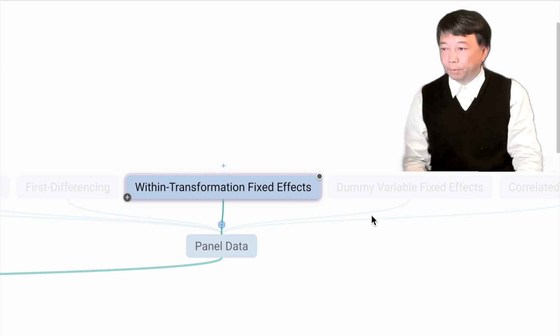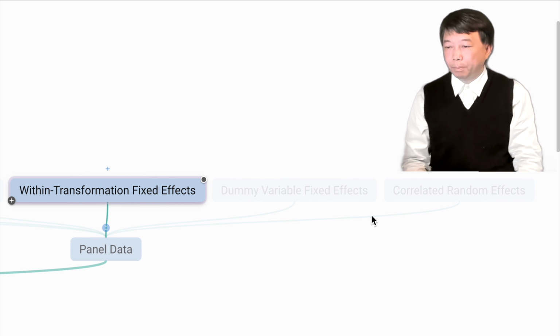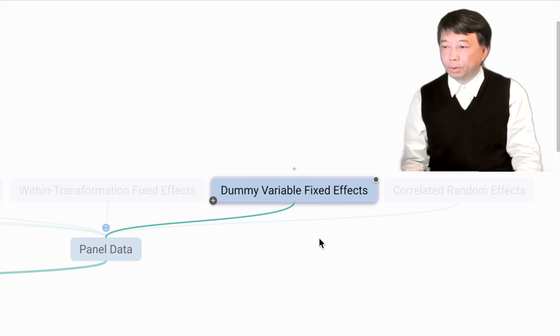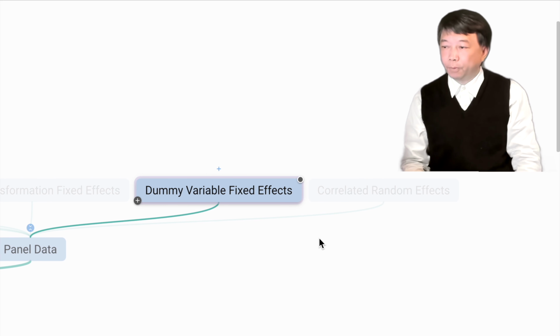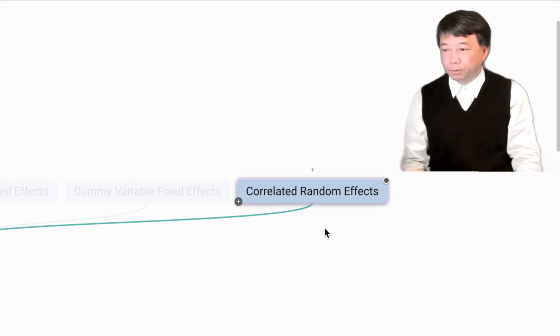Using deviations from individual means to estimate, accounting for time-invariant individual characteristics. Dummy variable fixed effects. Using dummy variables to control for individual fixed effects or time fixed effects. Correlated random effects. Accounting for correlation between individual fixed effects and explanatory variables.